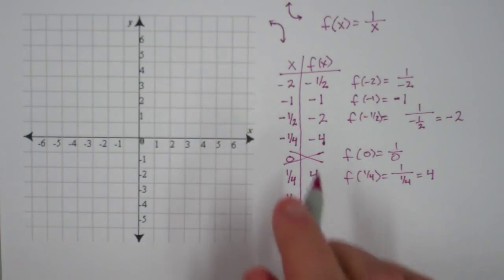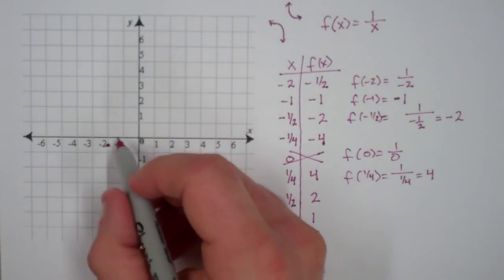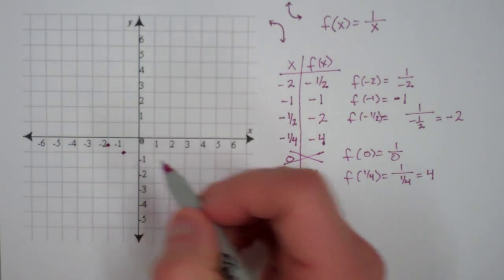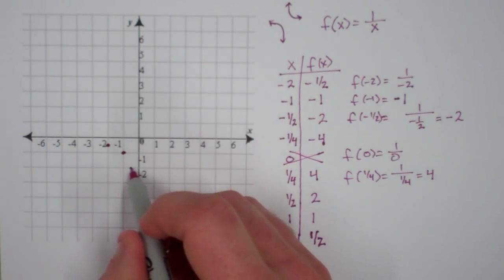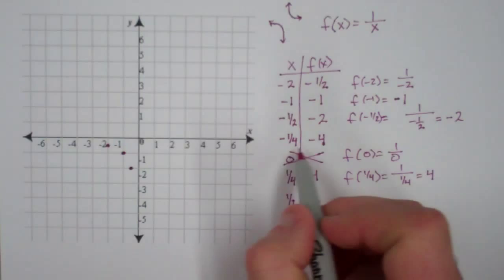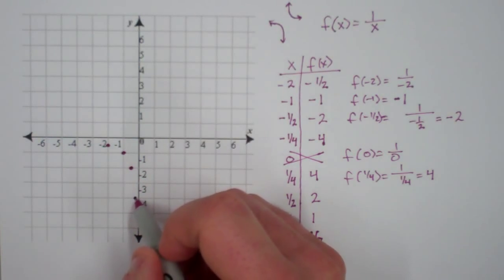So let's plot these. We've got -2, -1/2. It's right there. -1, -1. That's here. -1/2 here, and then down 2. -1/4 and -4. So that's going to be right there.